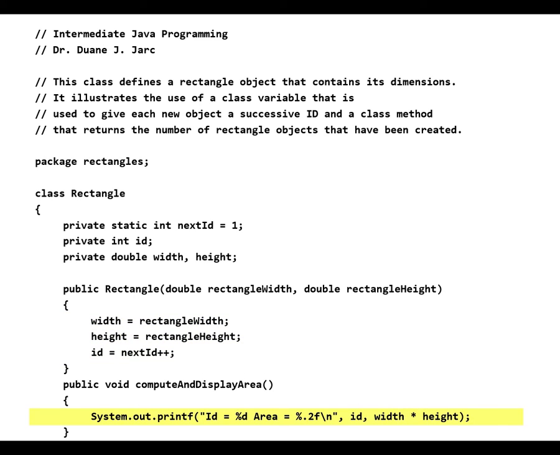Next is the method named compute and display area that displays the rectangle ID along with its area. Providing this method allows us to display the contents of the object in our main method that we will use to test this class.